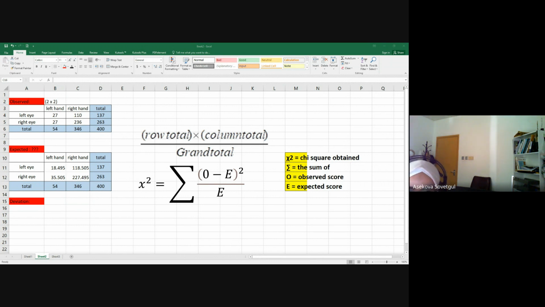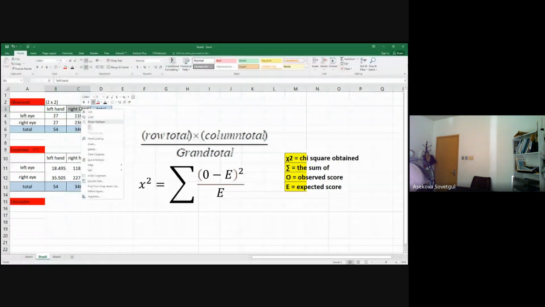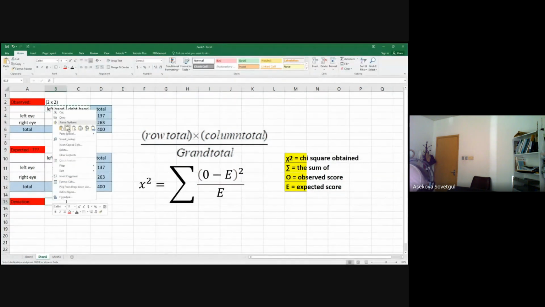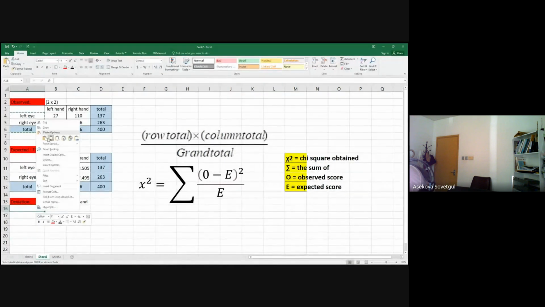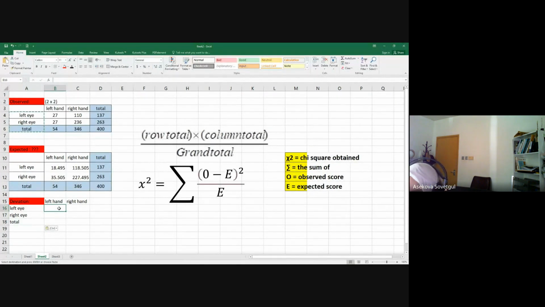So for the right hander and this one, we have to calculate the deviation.